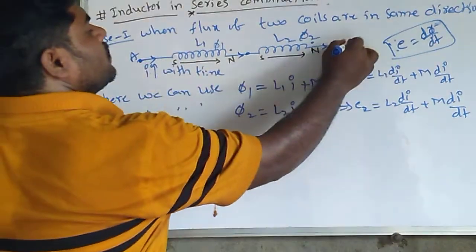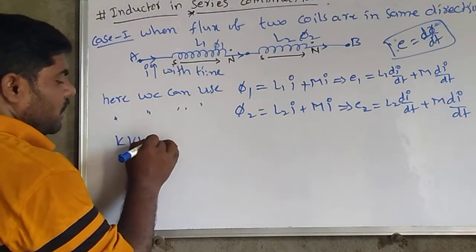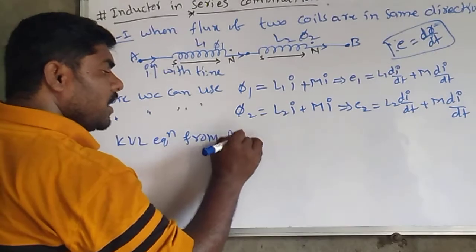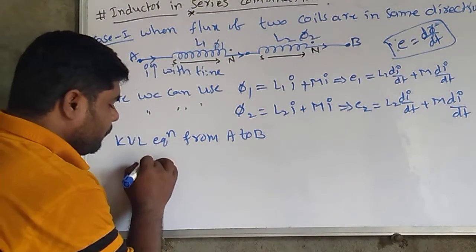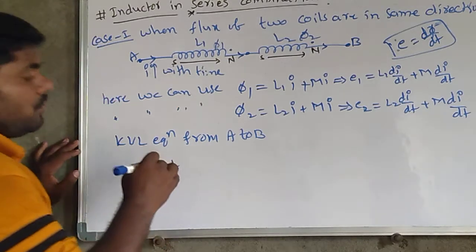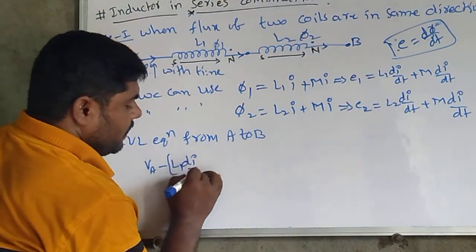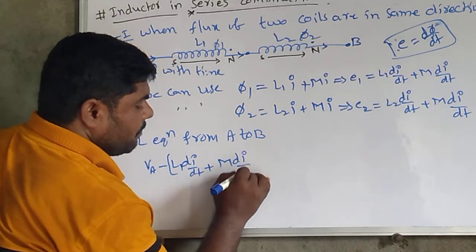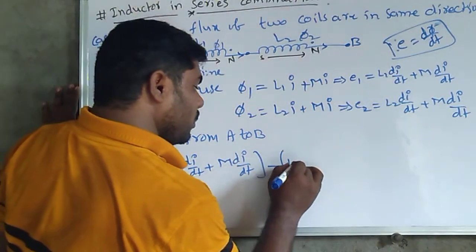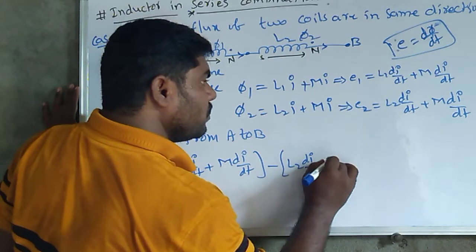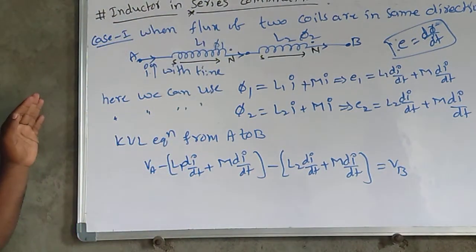This is point A and this is point B. Applying the KVL equation from A to B: VA minus L1 into di by dt plus M into di by dt, taking the common term out, then minus the second EMF, L2 di by dt plus M into di by dt, should be equal to VB.